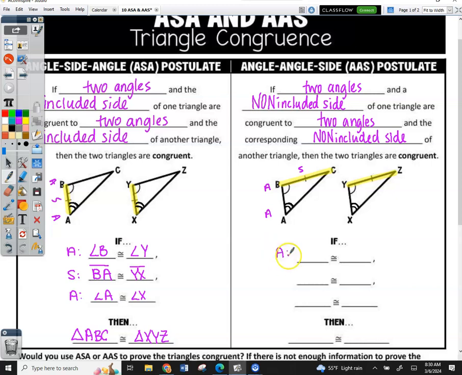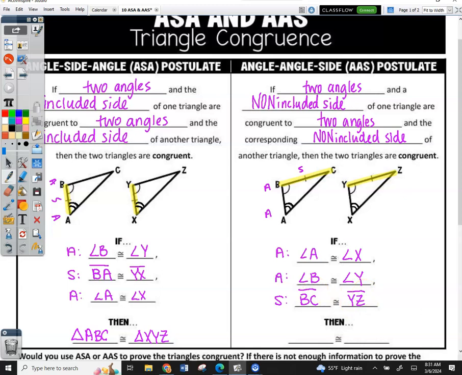So let's list our congruent parts. The angle farthest away would be angle A, congruent to what? Angle X. Then we've got angle B, congruent to angle Y. Then we have side BC congruent to side YZ.